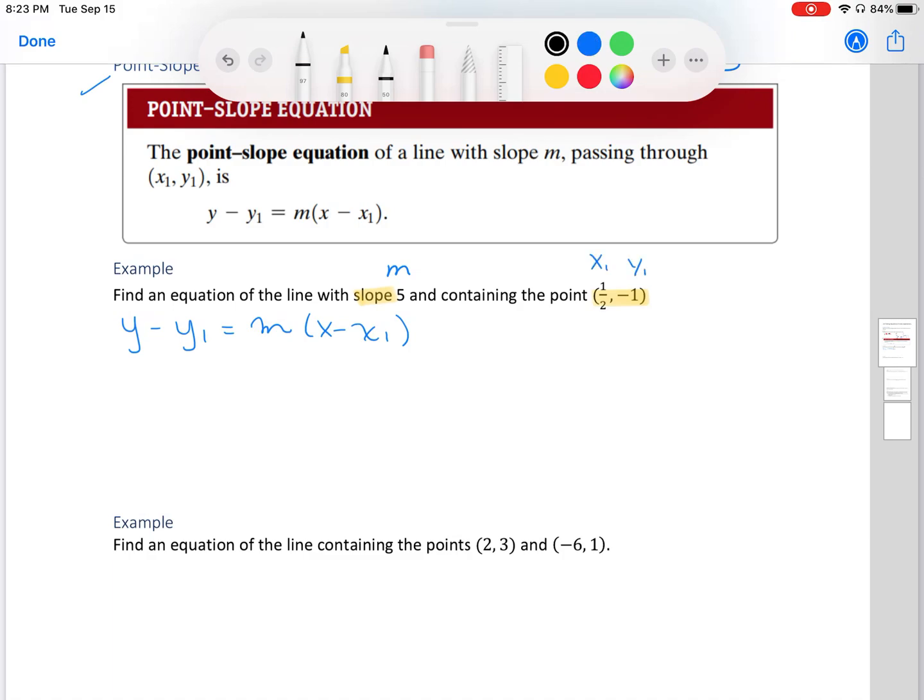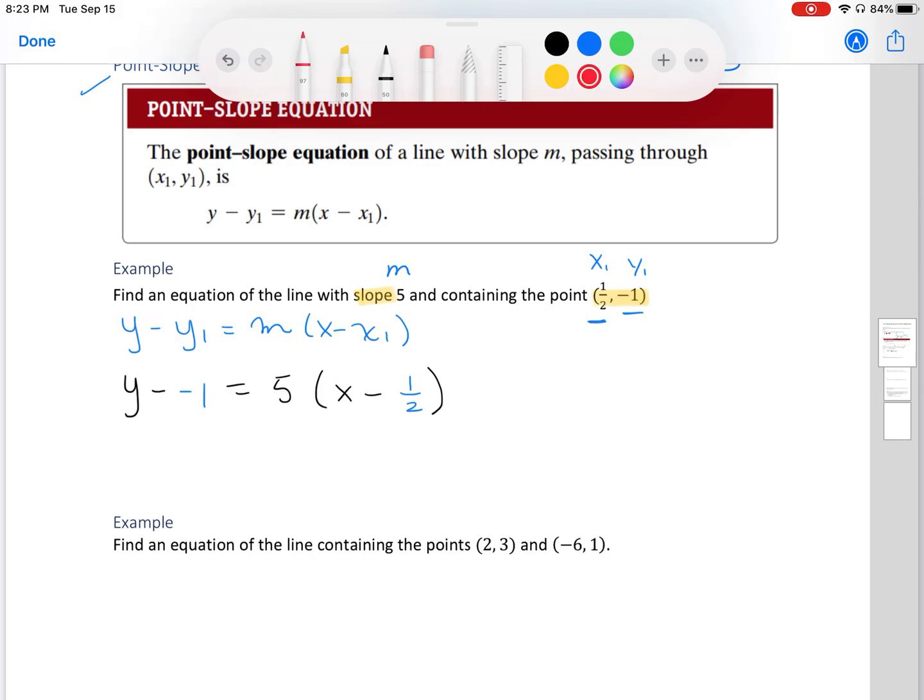So we have y minus y1, which is negative 1, is equal to m, which is 5, times x minus x1, which is 1/2. And there we have it. We have set up our equation. Now it's just a matter of simplifying.